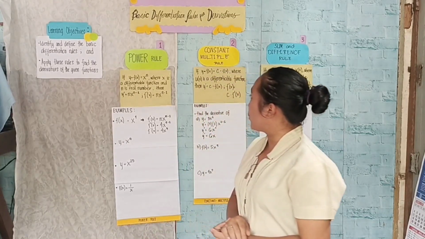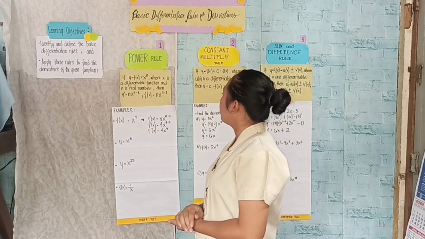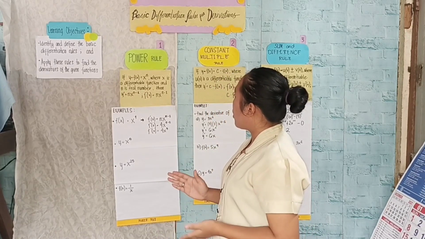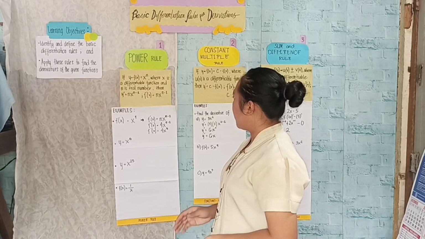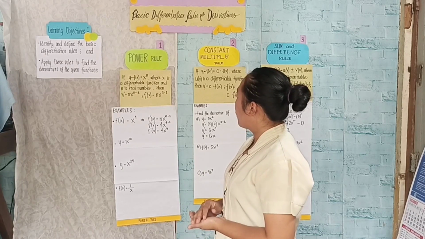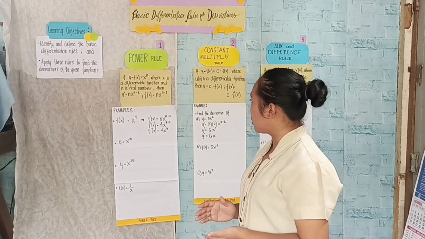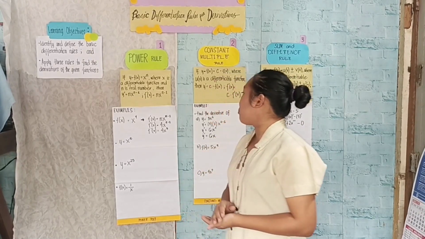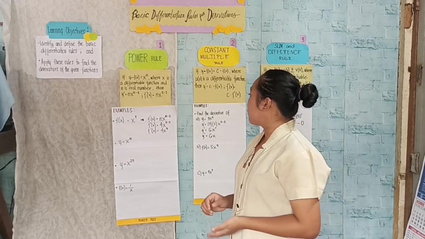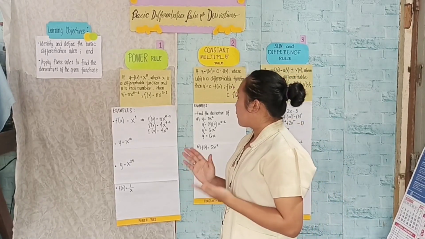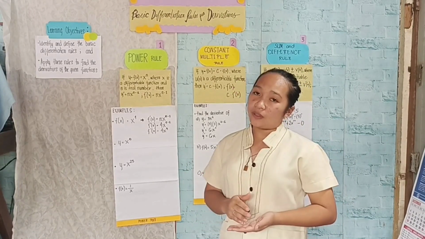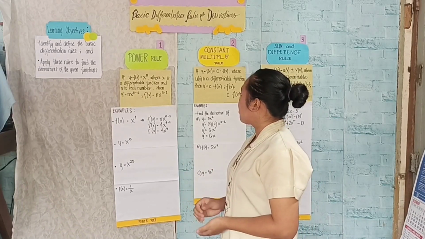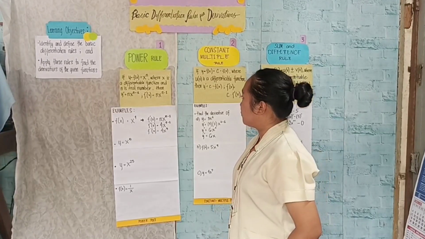So the first rule we will have is the power rule. The definition of the power rule is: if y is equal to f of x is equal to x raised to n, where x is a differentiable function and n is a real number, then y prime is equal to n times x raised to n minus 1, or f prime of x is equal to n times x raised to n minus 1.